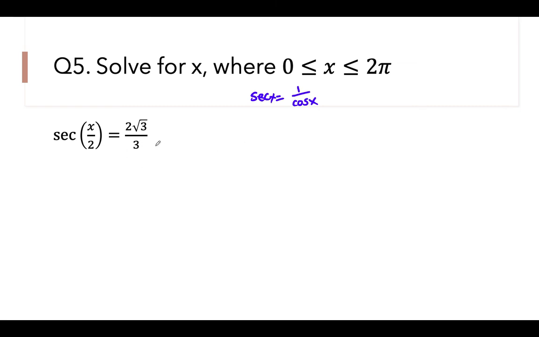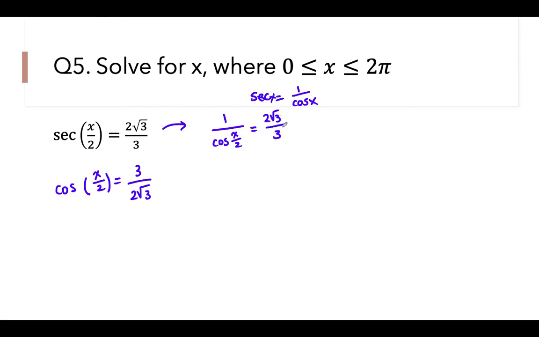So technically, I could rewrite this as 1 over cosine x over 2 equals 2 square root 3 over 3.